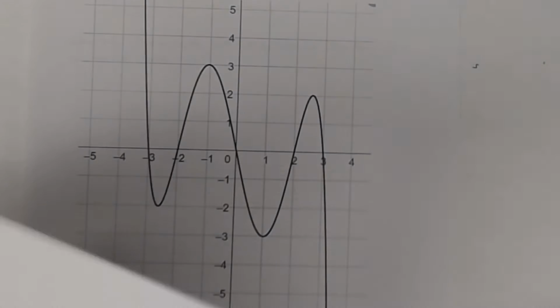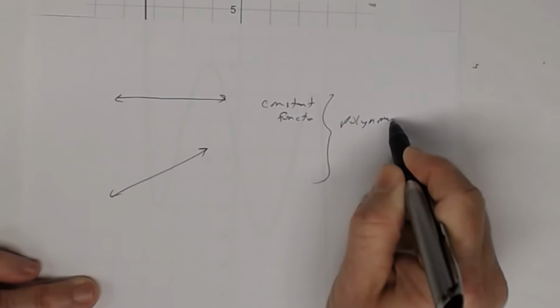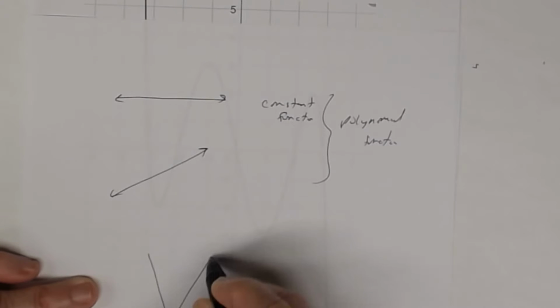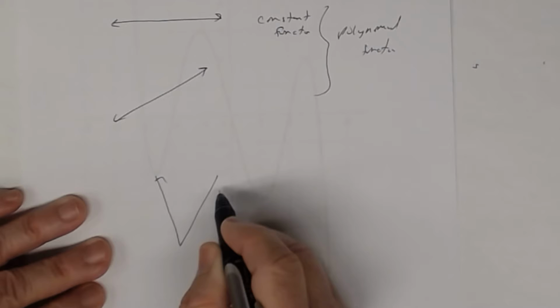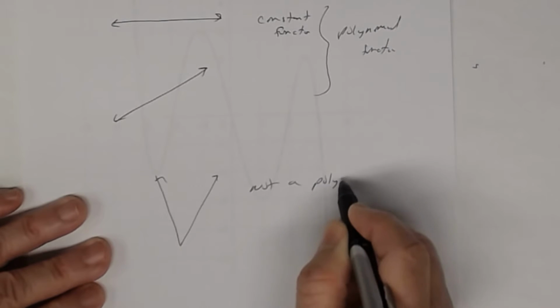Let me just say this. These are polynomial functions, right? And this right here, that absolute value, is not a polynomial function.